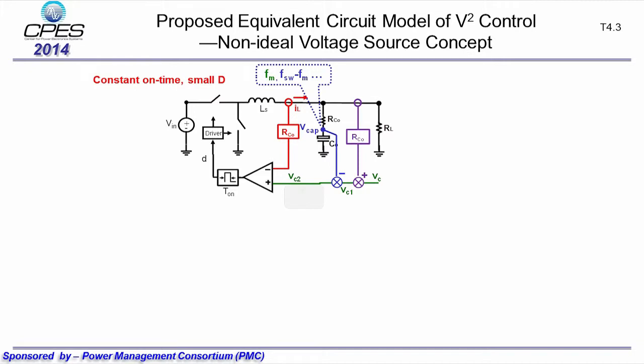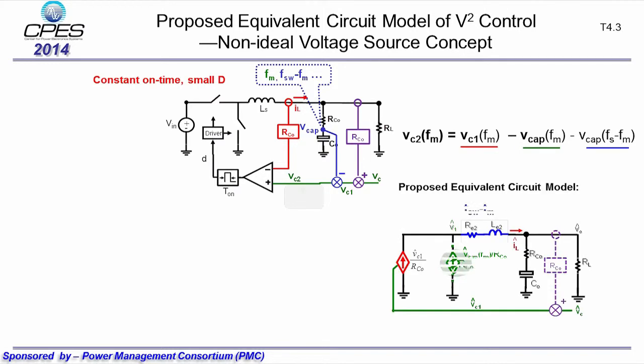From knowledge of current mode control, the inductor current is well controlled by control signal Vc2. For V-square control, Vc2 is composed of Vc1 at Fm, Vcap at Fm, and the sideband of the capacitor voltage, Vcap at Fsw-Fm. And this shows our proposed equivalent circuit model. Vc1 at Fm is responsible for the red control source, and the modulation frequency of capacitor voltage Vcap at Fm is represented by a resistor RCO.